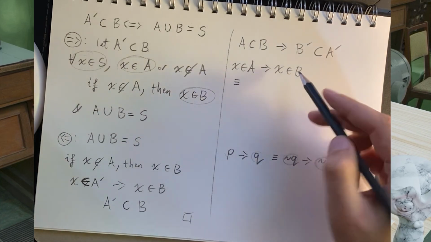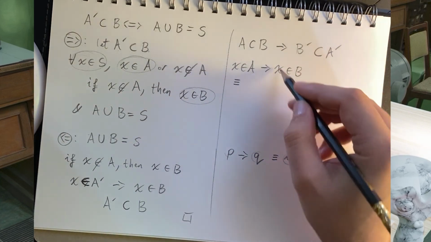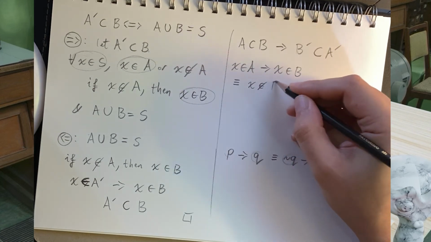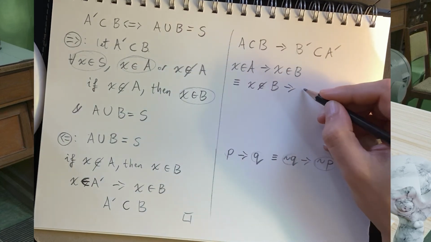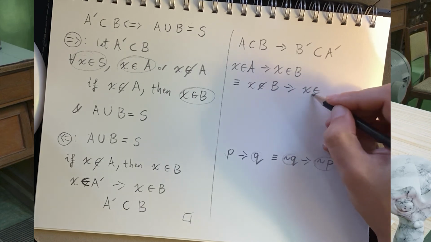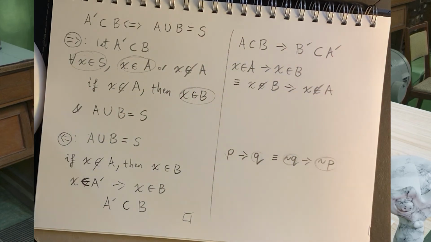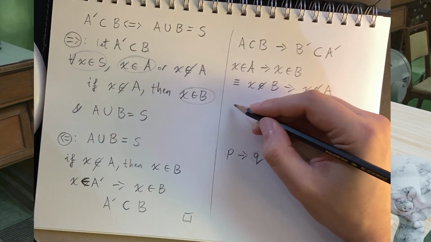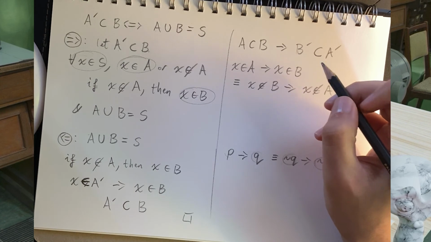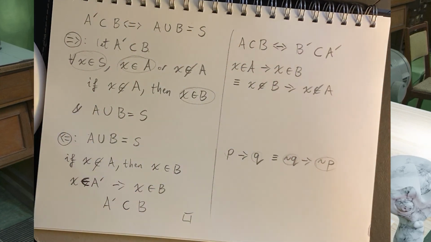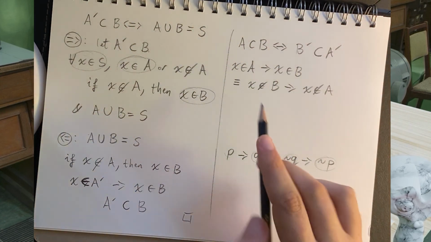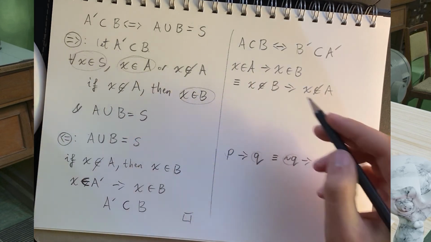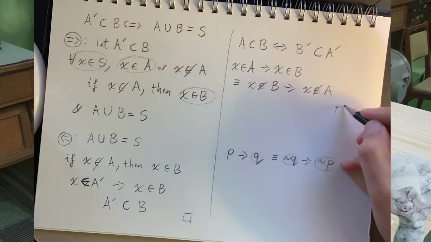So the contrapositive, X not an element of B implies X not an element of A. In other words, it should be both ways, shouldn't it? It wouldn't matter. It would work the other way. But yeah, it goes both ways. Now, because of the contrapositive, this is an equivalence statement. And so that actually directly gives us our result.